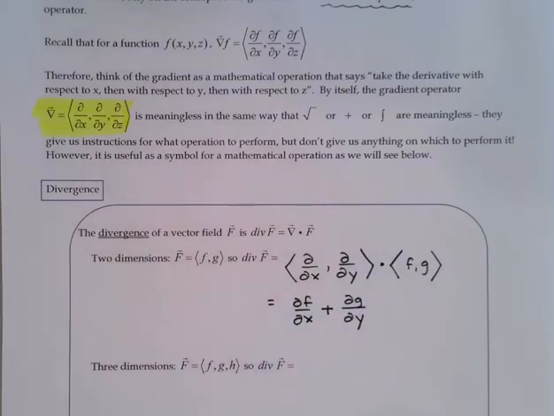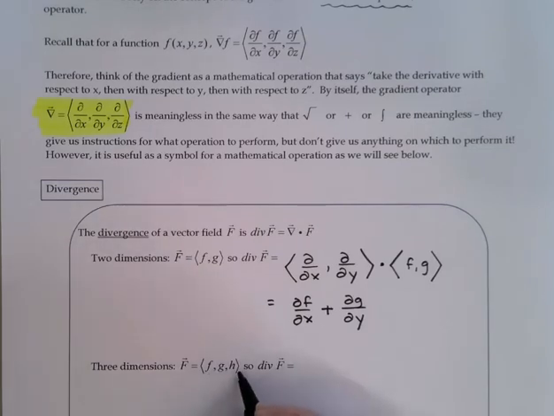So notice the divergence just ends up being that scalar quantity, and you probably recognize that as the scalar quantity that was part of Green's theorem in its flux form, that two-dimensional divergence that we mentioned in the last section. Now that we've got this definition, we could actually define a three-dimensional divergence as well.